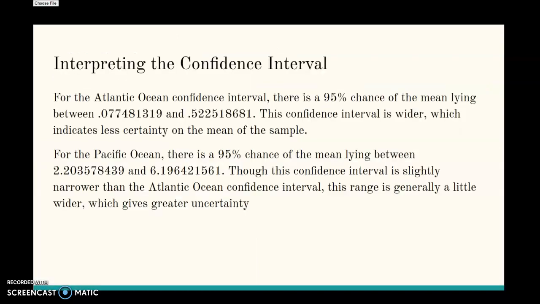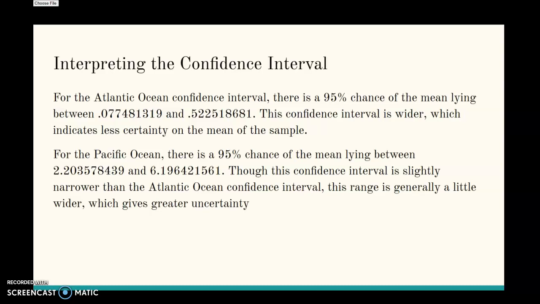Now to interpret the confidence level, we started out with a level of significance of 0.05 or 5%. For the Atlantic Ocean, for the confidence interval, there is a 95% chance of the mean lying between 0.077481319 and 0.522518618.